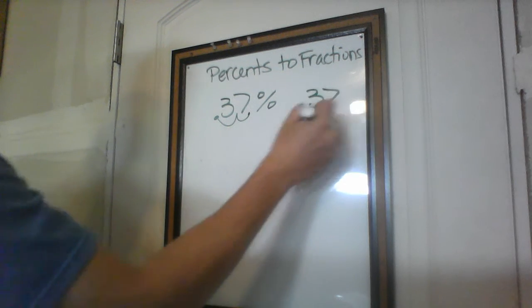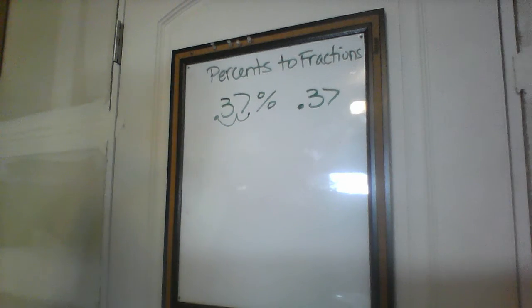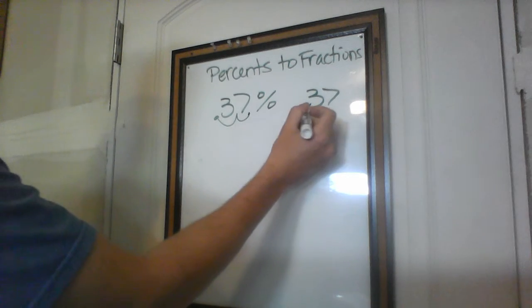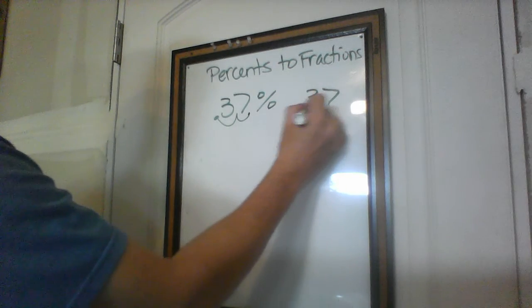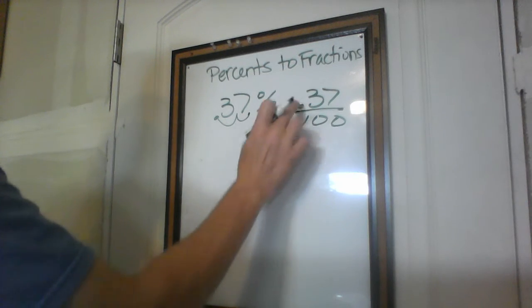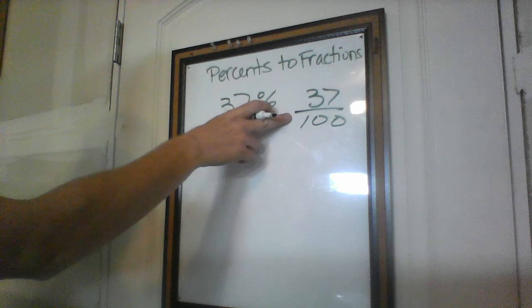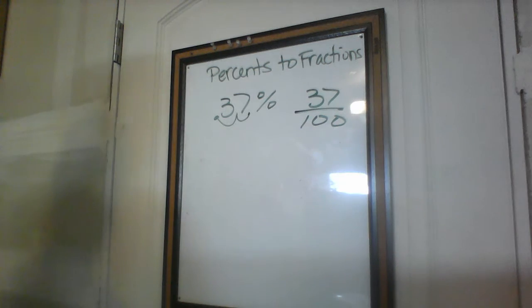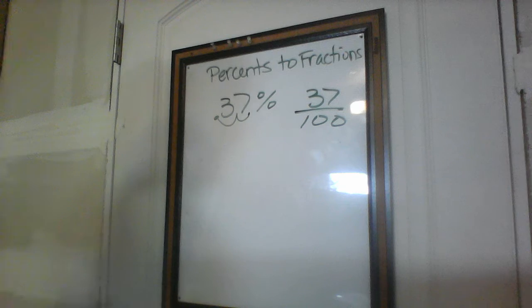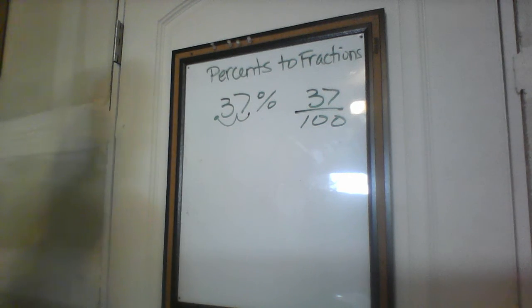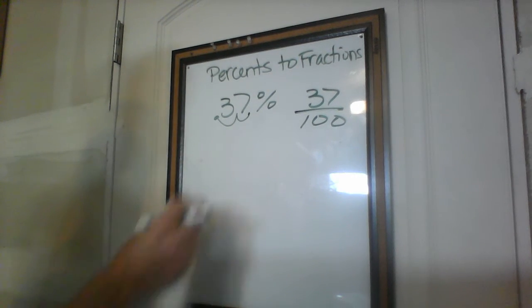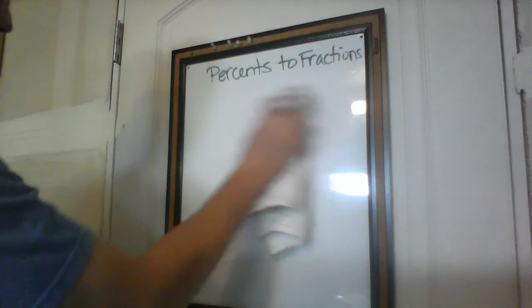This is why I say we're dealing with hundredths and dividing by 100, because when we write this as a fraction, we have 37 hundredths. And if you remember, the fraction bar is our division sign. So fractions, decimals, and percents always work together. There are our 2 basic ones to start with.